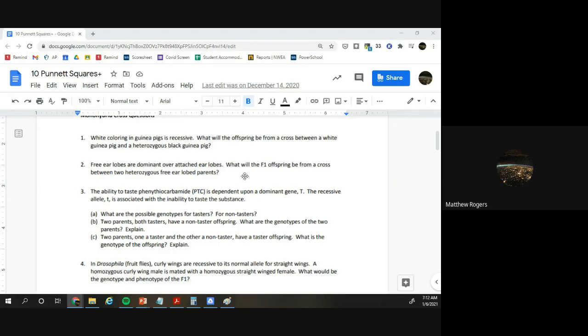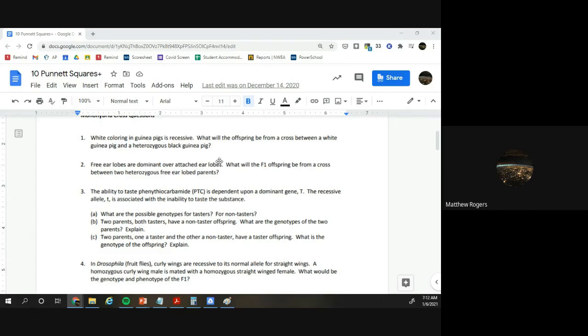That's the genotype breakdown, so 25%, 50%, 25%. And then the phenotypic breakdown, that's what they actually look like: 75% are free earlobed children because you only need one dominant trait. 25% is going to be little a, little a, and they're going to have attached earlobes.